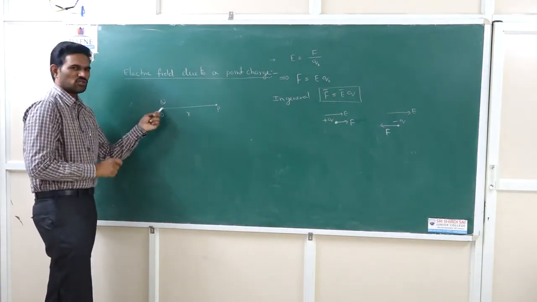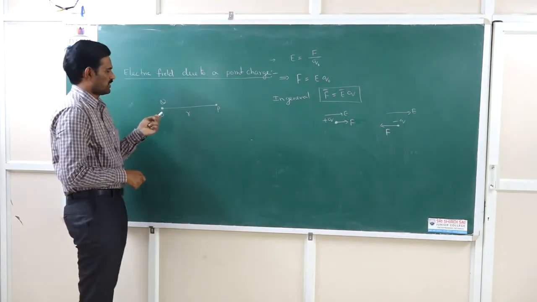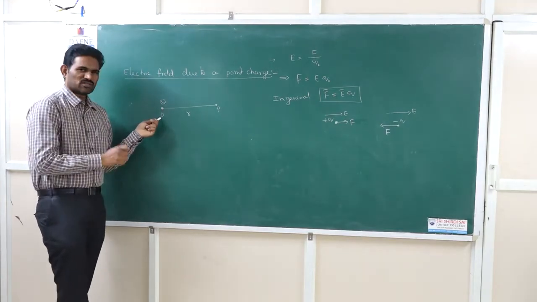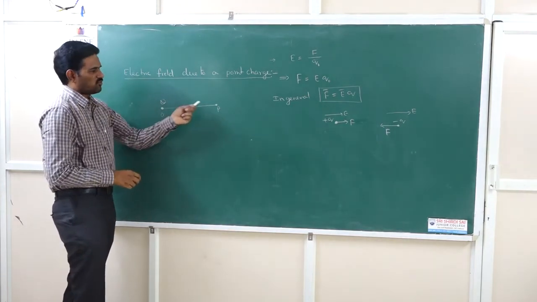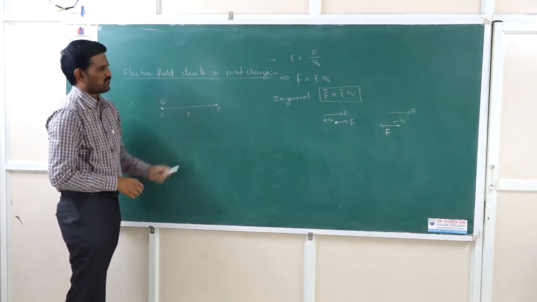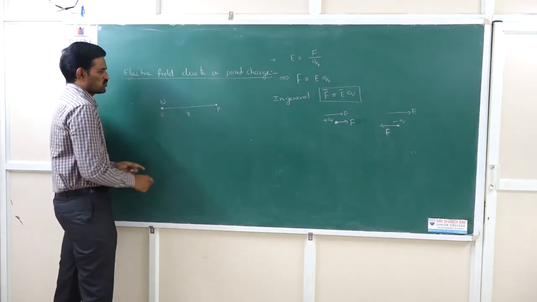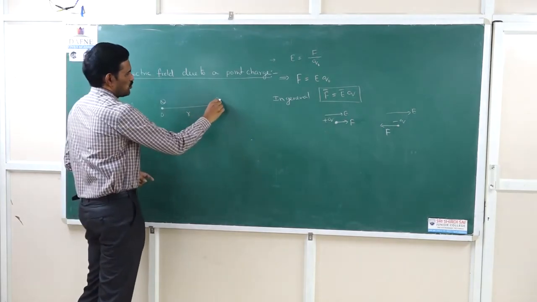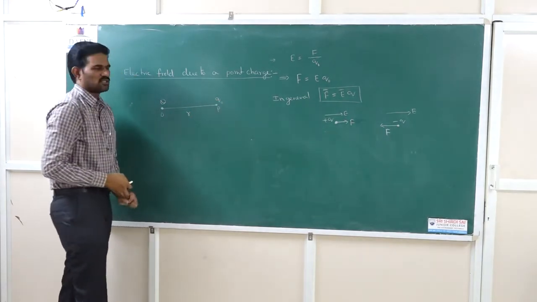A point charge Q, a positive charge, is fixed at the point O. We need to find the electric field at the point P at a distance r from this point charge. For this, we assume a unit test charge is placed at that point.